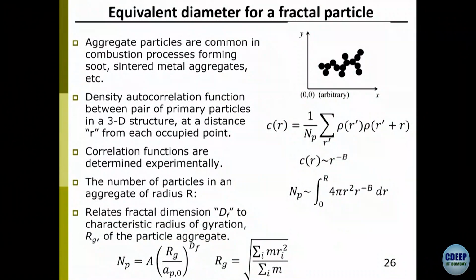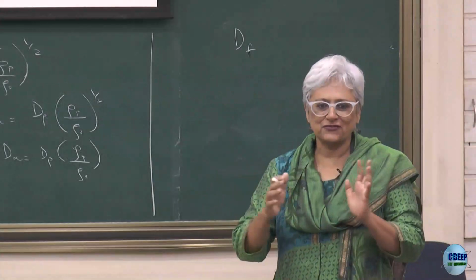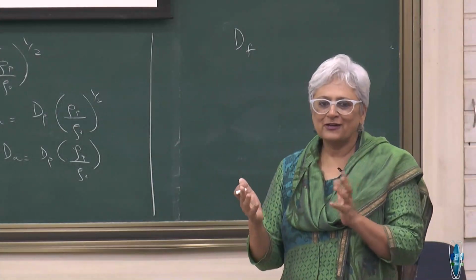So typically a fractal is described in terms of two things. One is related to what is called the monomer size over here, and the other is related to the radius of gyration.